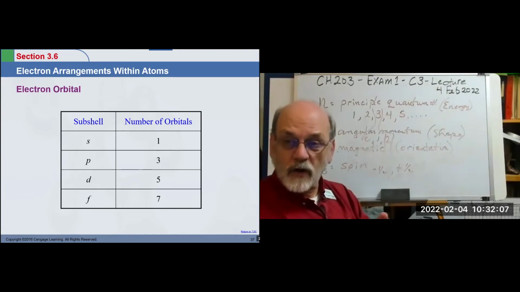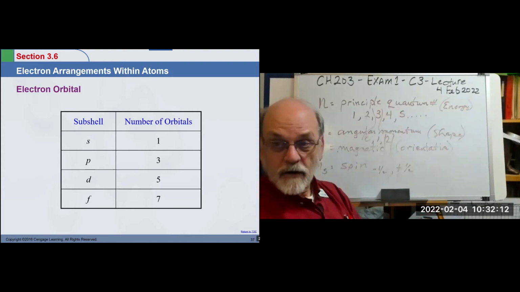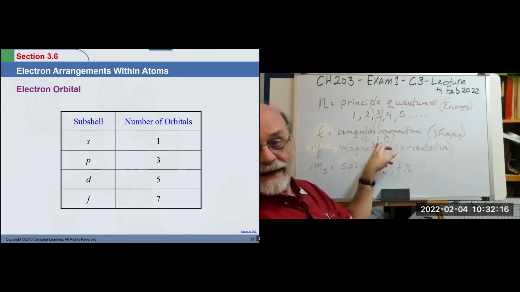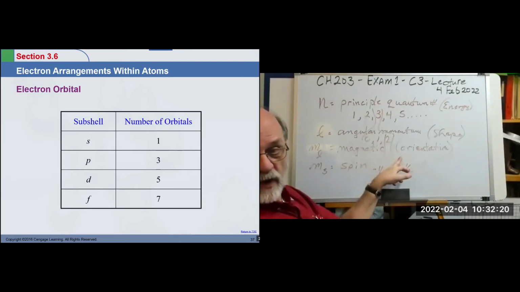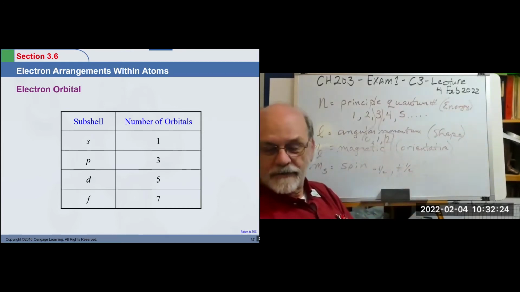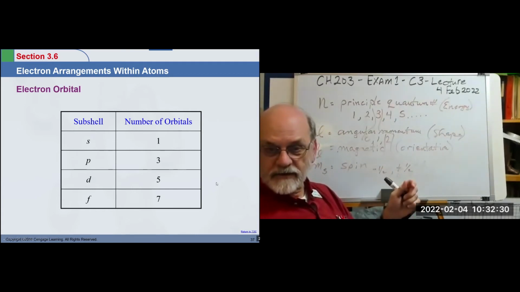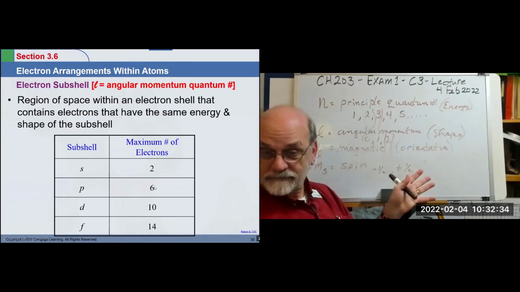So for the S's, you can only have 2 electrons, maximum. For the P's, you have L equal 1. So that could be a minus 1, a 0, plus 1, and 2 electrons each for those, so that's 6 electrons. That's why you have 2 electrons here, 6 there.